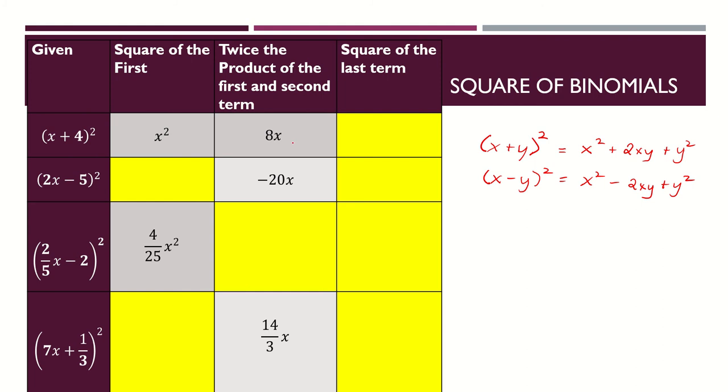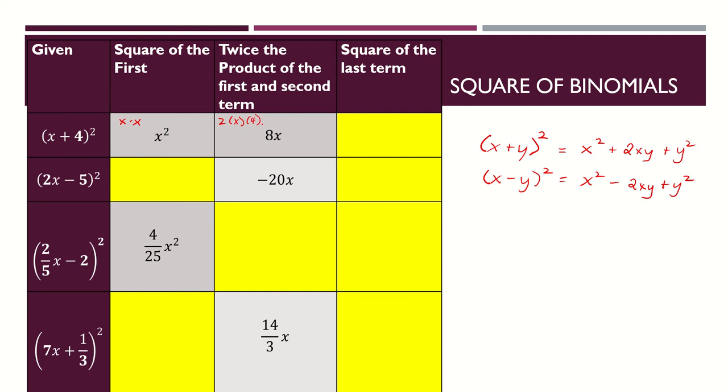Okay, so reveal natin yung ating answer. So, square of the first, syempre, x times x yun, kaya siya naging x squared. So, again, lagay natin yung explanation dito sa bandang taas. It's from x times x. Okay? Twice the product of the first and second term, 8x is from 2. Kasi twice, diba? So, 2 times x times 4.